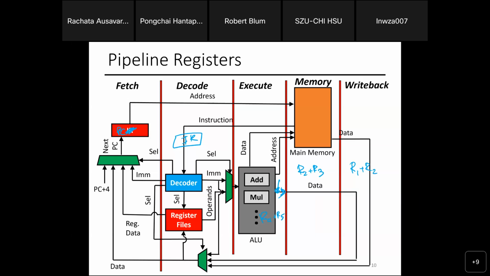At this point, what should be the value that I measure? R4 plus R5, right? Because that's the instruction I'm doing right now. This is a buffer, so this whole line right here, if I measure the voltage here to see what's the value here, should I see R4 plus R5 or should I see R2 plus R3?